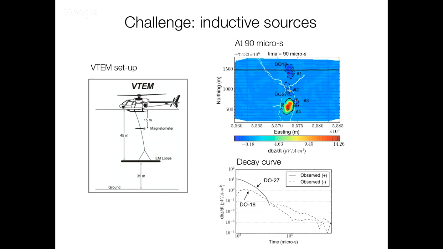There's no way you can get negative responses unless you have chargeability. So this is a real diagnostic indicator, because people fly airborne EM surveys, and invariably there's lots of negative transients. So that means that there are IP effects there.